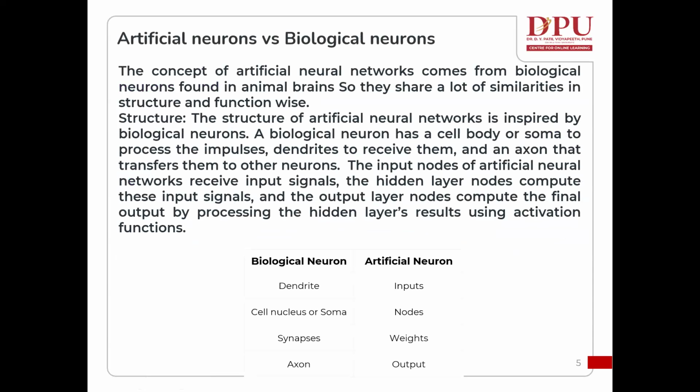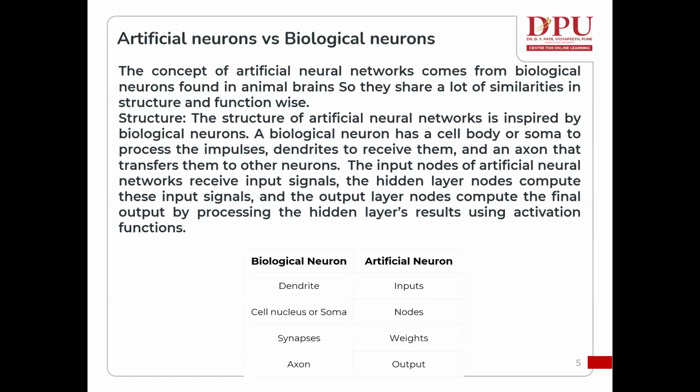Next, there is a comparison between artificial neurons and biological neurons, however you feel comfortable to pronounce. We tried to see this comparison in the previous session. When you talk about a biological neuron, it contains 4 entities, starting with dendrite.